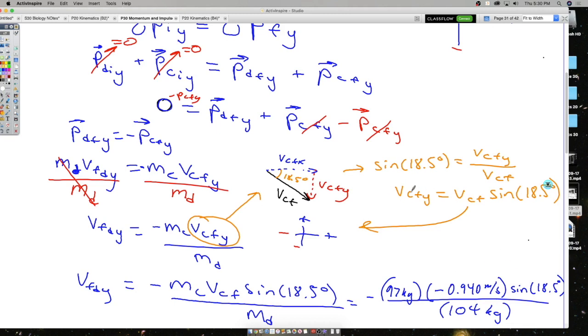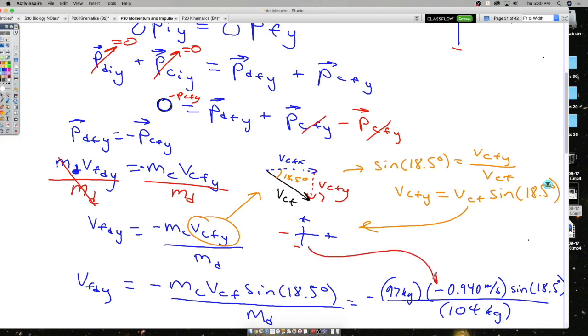You have to notice that. It's not just going to naturally happen in the math. There are a few times in physics where you have to be responsible for interpreting things. Because VCFY is pointing down, which is our negative y-axis, we are going to put that in as a negative.